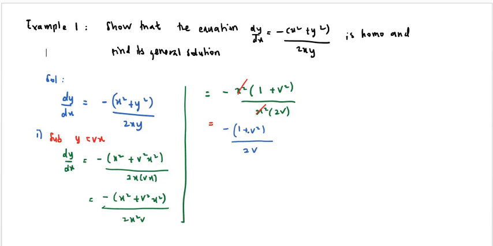Then apa yang kita boleh buat adalah, ini kamu nak expand terus pun boleh. So kita akan dapat negative 1 minus v square over 2v.